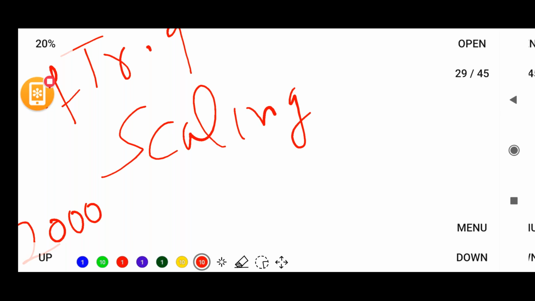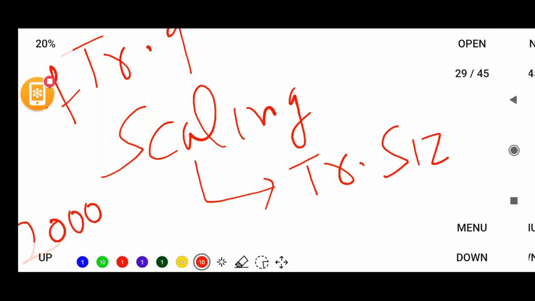It is a very popular technique, and a very simple technique, but it is fairly helpful to reduce the transistor size. So using this technique you have to reduce the transistor size.